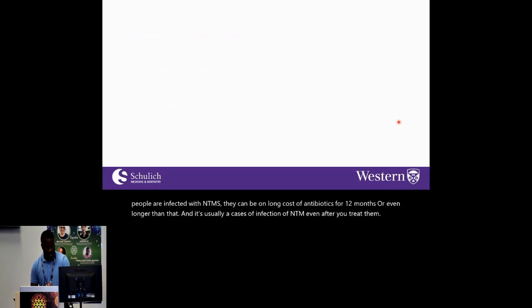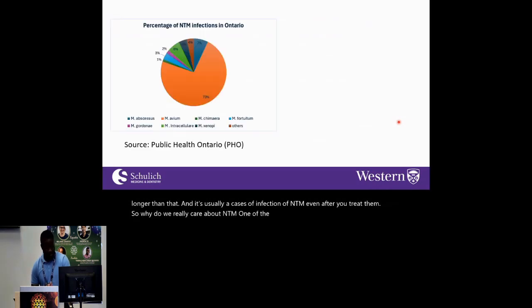So why do we really care about NTM? One of the reasons is that statistics from Public Health Ontario show that about 73% of infections from NTMs are caused by the avium species, followed by abscessus and many others like fortuitum, and there are quite a number of these as well.